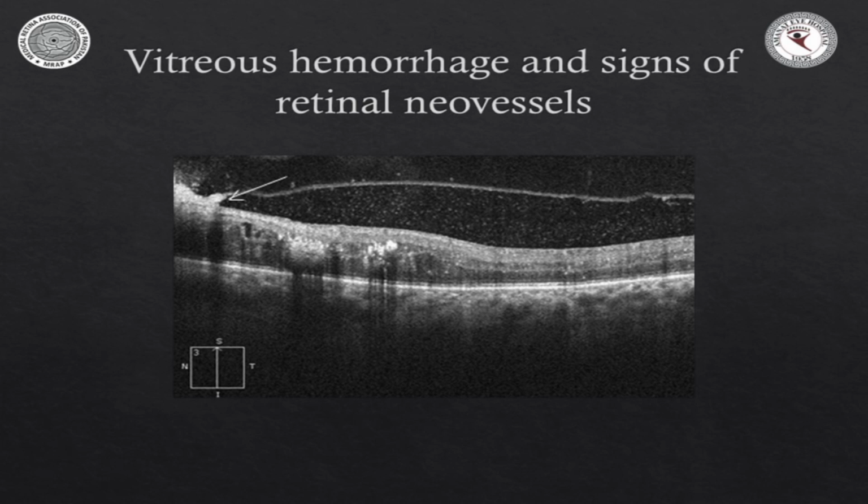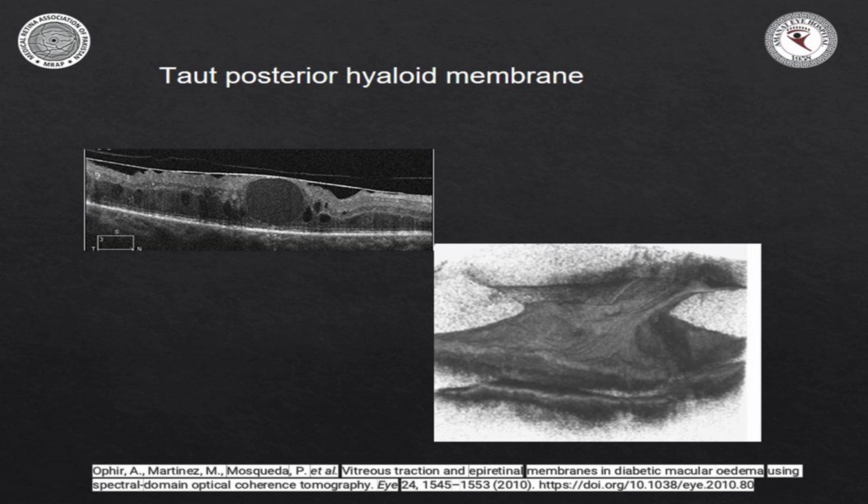And then taut posterior hyaloid membrane. We usually underestimate the importance of a taut posterior hyaloid membrane because this adds a mechanical component to your edema. And mechanical component as well does not do very well with anti-VEGF. So on 2-dimensional B scan, the taut posterior hyaloid membrane may look like this.